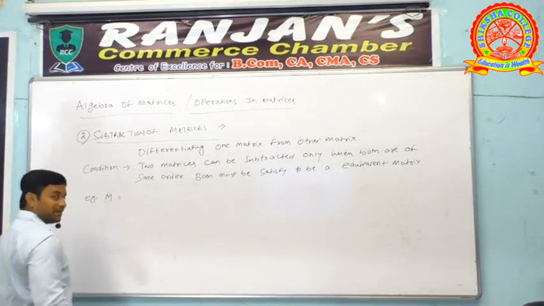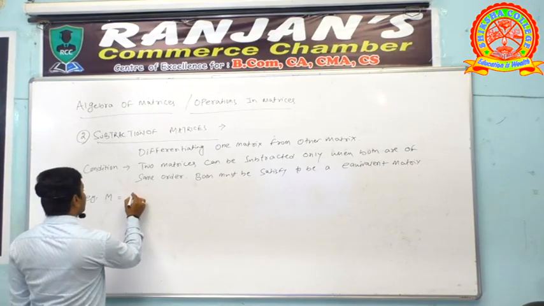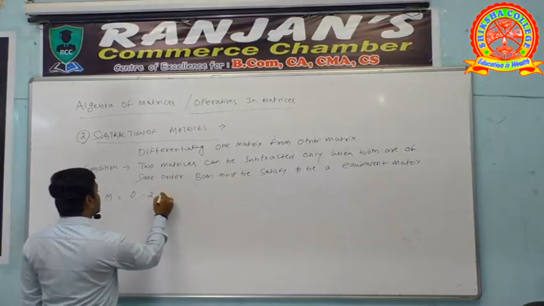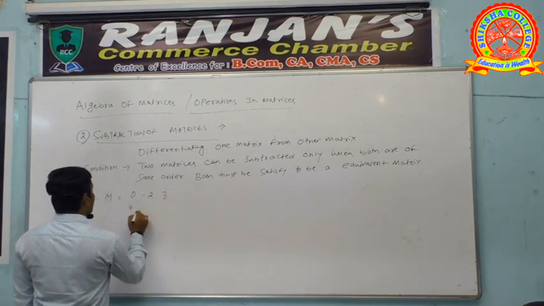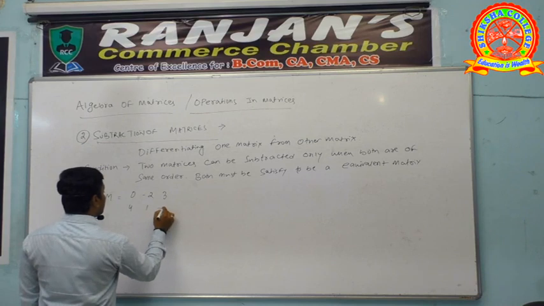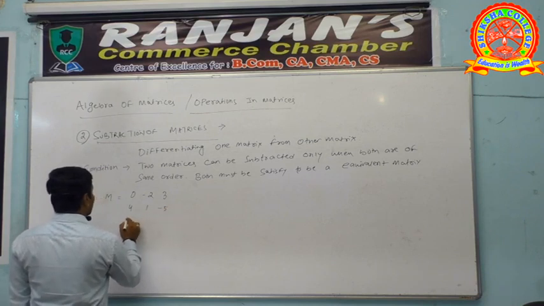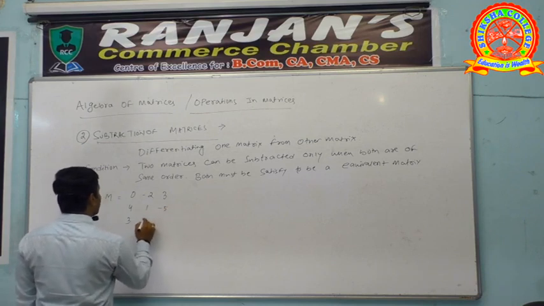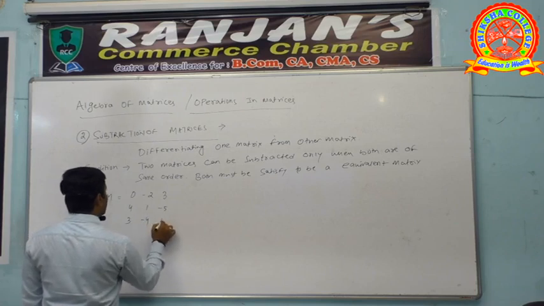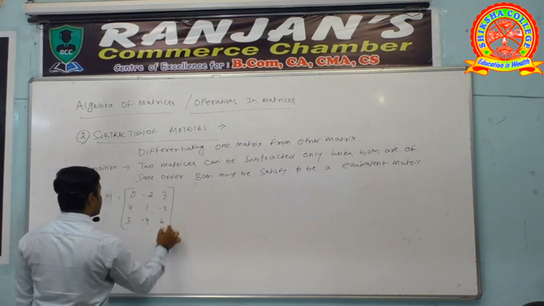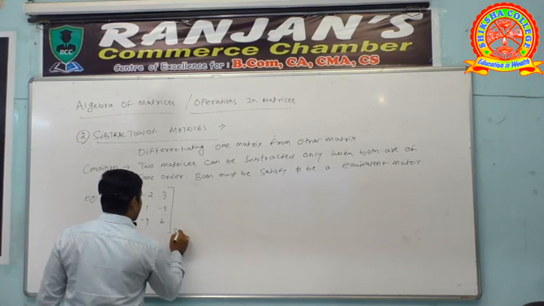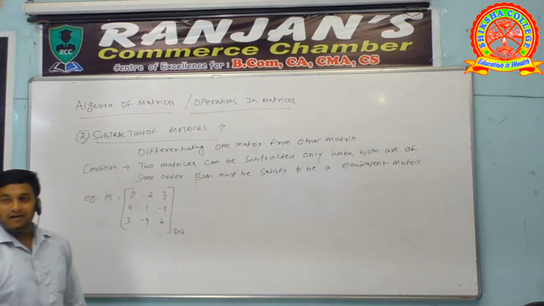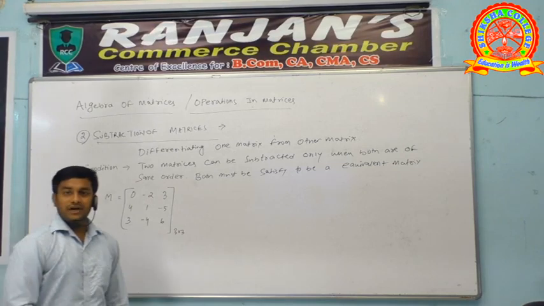Let M be a matrix given as 0, minus 2, 3; 4, 1, minus 5; and 3, minus 4, 6. This is a matrix of what order? This is simply a square matrix of order 3 into 3. Clear students?